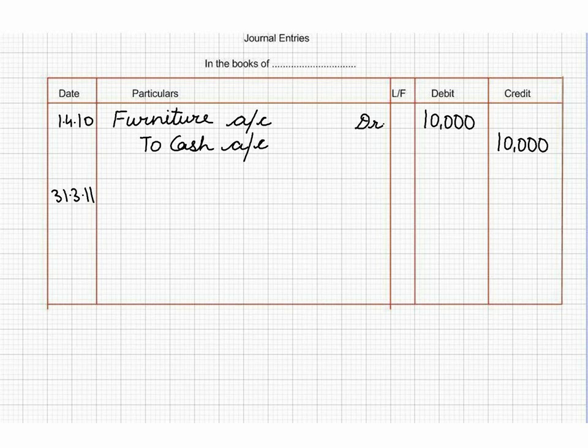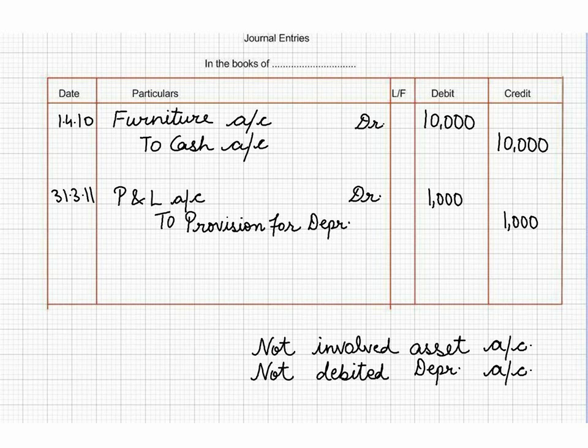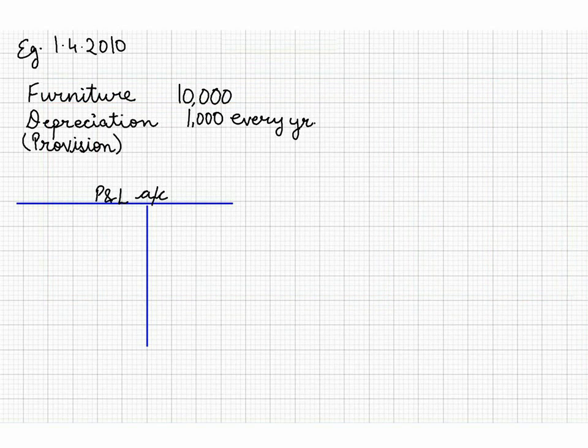So the journal entry will be profit and loss account debit to provision for depreciation, rupees 1,000. Have you seen that? I have not involved the furniture account, I mean to say the asset account, nor have I debited the depreciation account, but I have debited the profit and loss account because we have to reduce the profit every year by rupees 1,000.